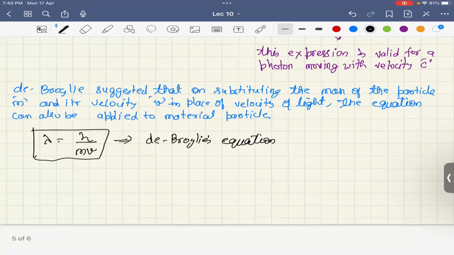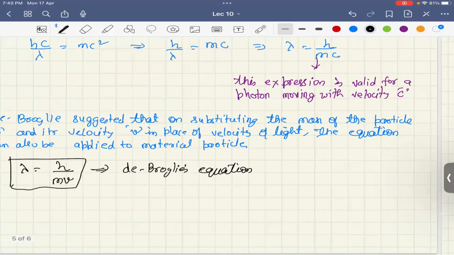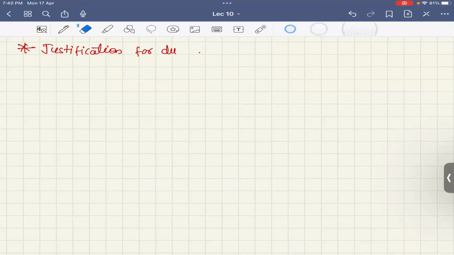Now, let us move on to the next topic, which is justification for dual nature of electron.